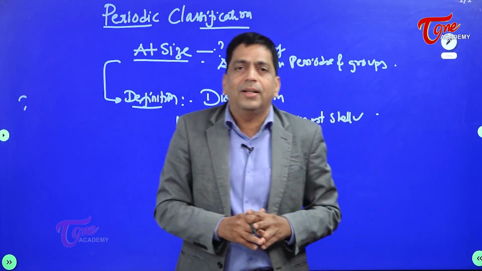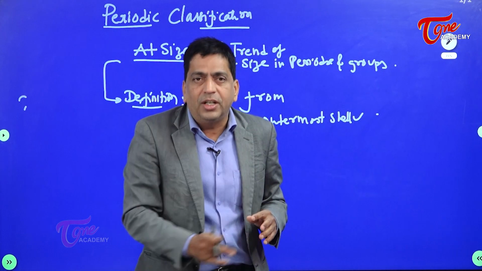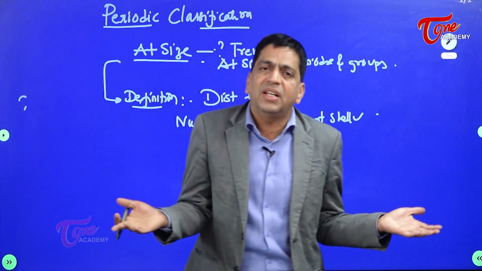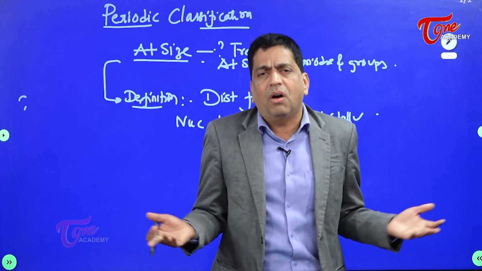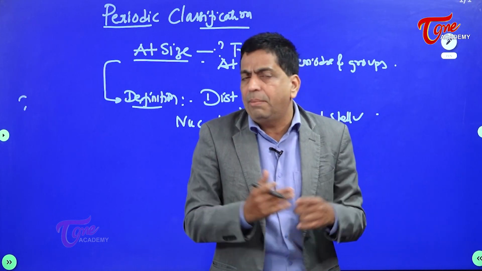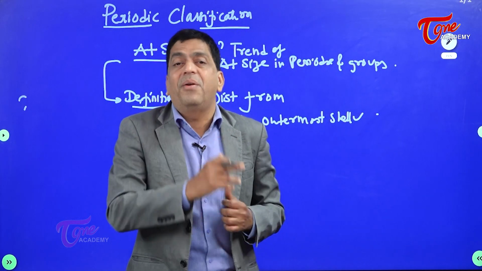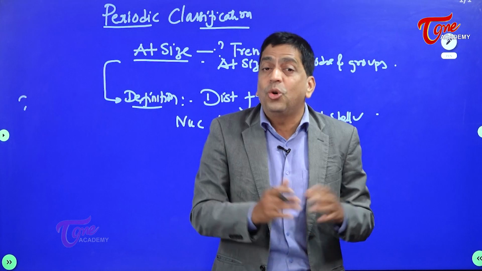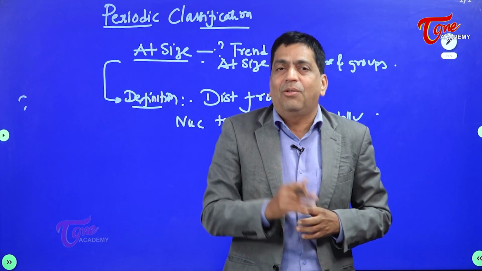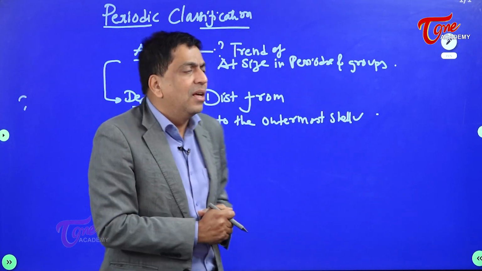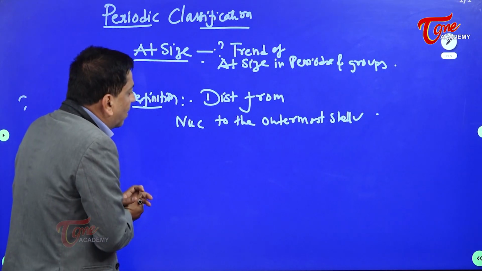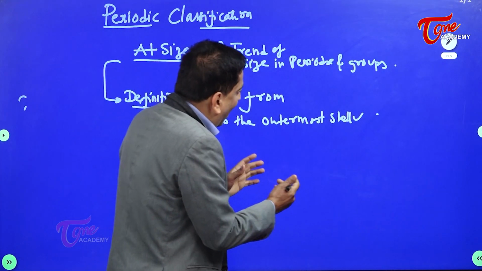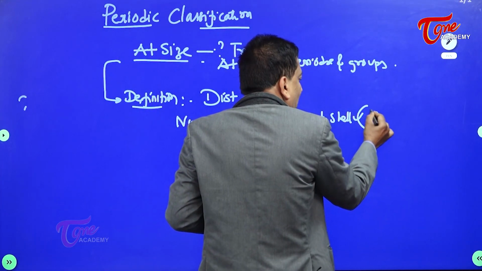So the electron revolving around the nucleus, the path itself is an orbit, the path itself is an orbital, the path itself is a non-radiating path. You must understand this. Don't distinguish these. So when I say distance from the nucleus to the outermost shell, I also mean the electron.